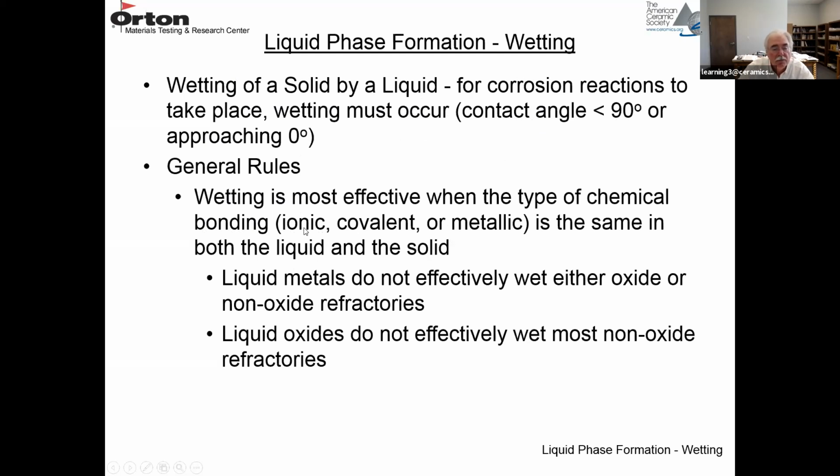So we have ionic bonding for oxides, covalent bonding for the non-oxides, and metallic bonding in the metals. So if you have an oxide slag in contact with an oxide refractory, you're most likely going to have wetting. If you have an oxide slag in contact with nitride or carbide, you're going to limit the amount of wetting. So liquid metals do not effectively wet either oxide or non-oxide refractories, and liquid oxides do not effectively wet non-oxide refractories.